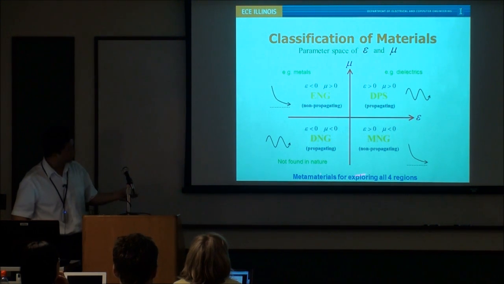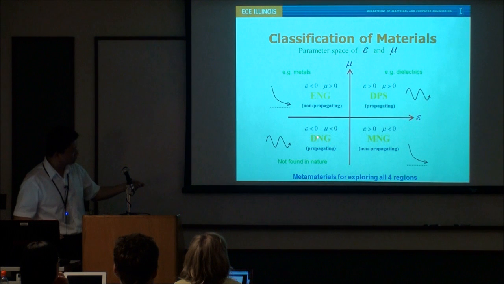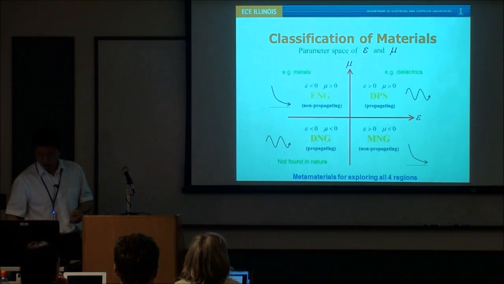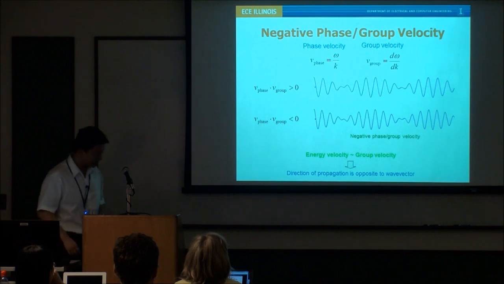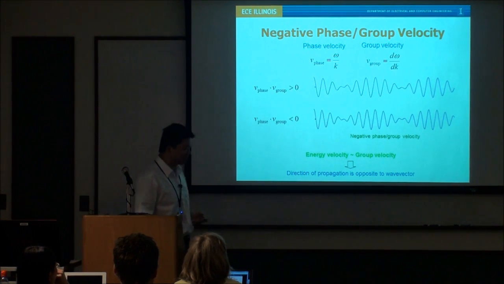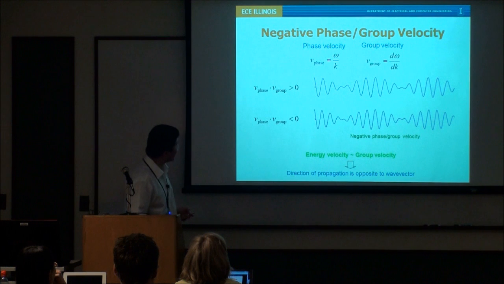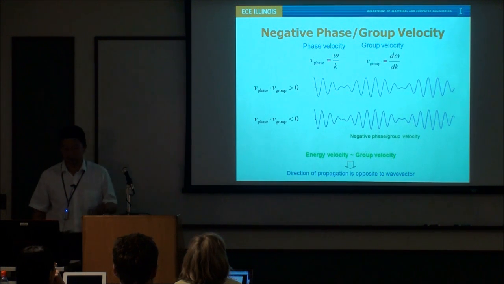So now let's keep our eyes on this double negative material with epsilon less than 0 and mu less than 0. Okay, if we have that material, what we would expect is something like this.